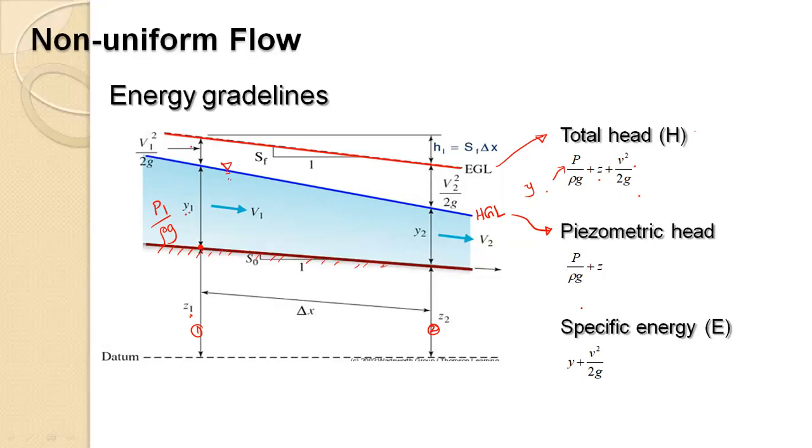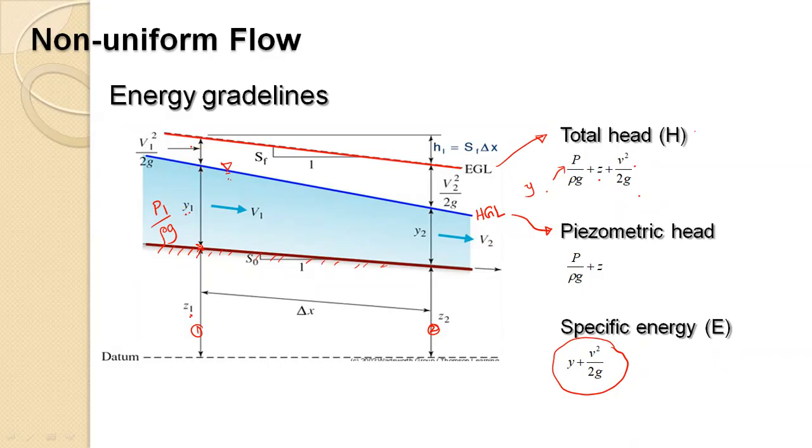Now there is another term called specific energy, sometimes called specific head. Actually, it's not an energy term, it's a head term, measured in meters. The specific energy is defined as the energy above the channel bottom.